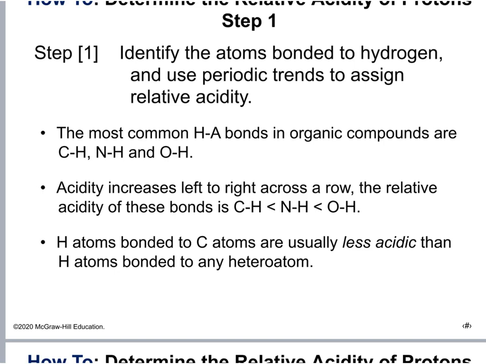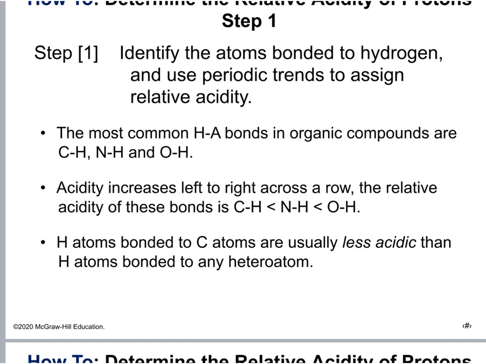Looks like the top is cut off, so let me see. Slide 39. How to determine the relative acidity of a proton. Well, the other thing you need to be able to do.